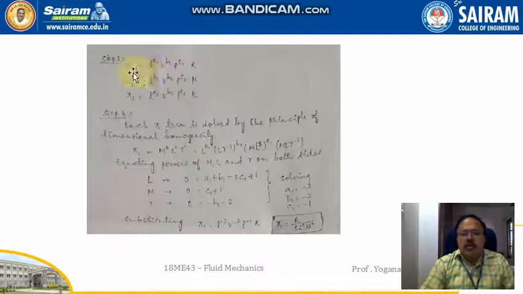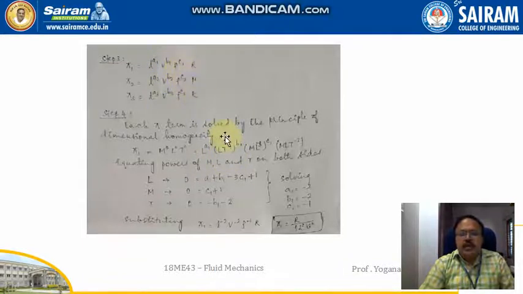Now in the first term, that is pi 1, I have L to the power of A1, V to the power of B1, rho to the power of C1, into R. For L, the fundamental dimension is capital L. For velocity, it is meter per second, so it is written as L by T, that is L T to the power of minus 1, to the power of B1.